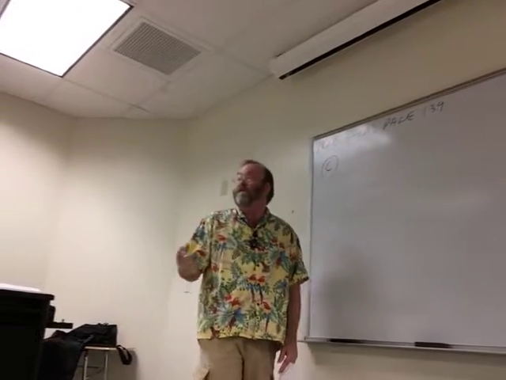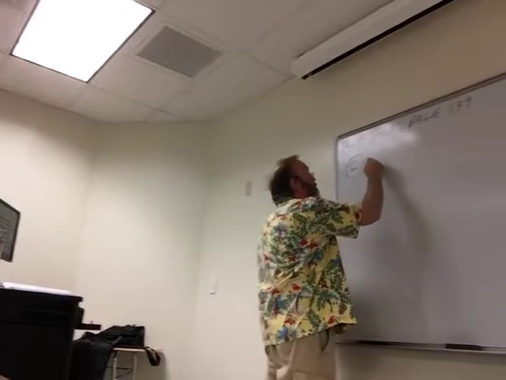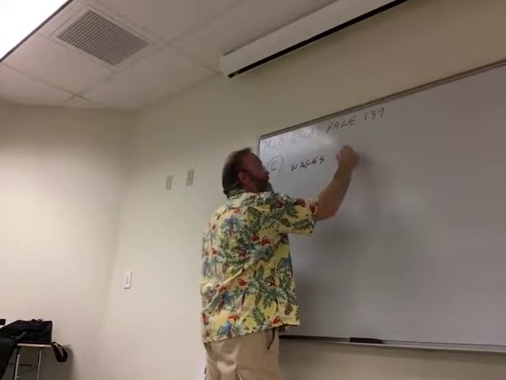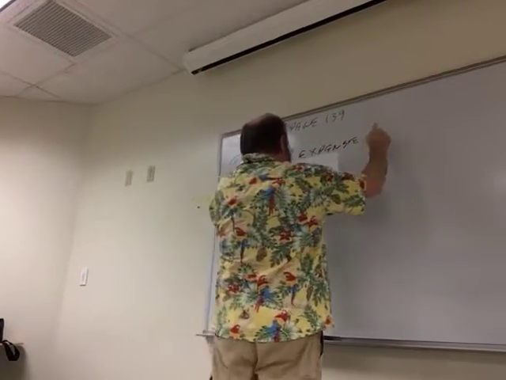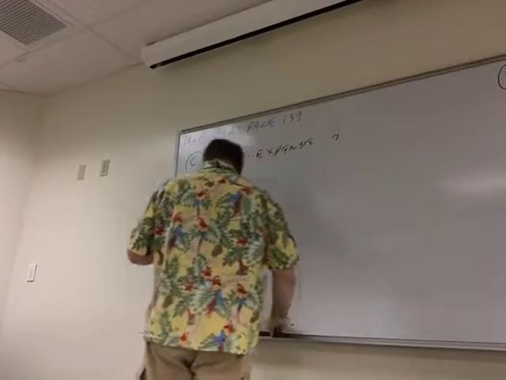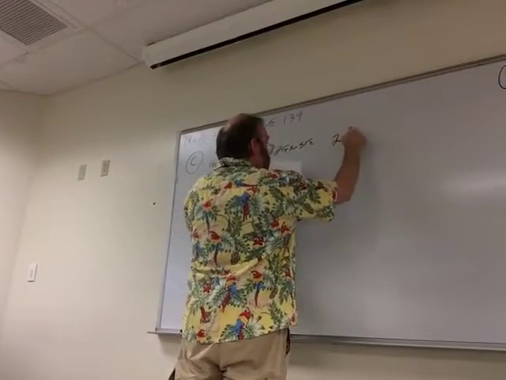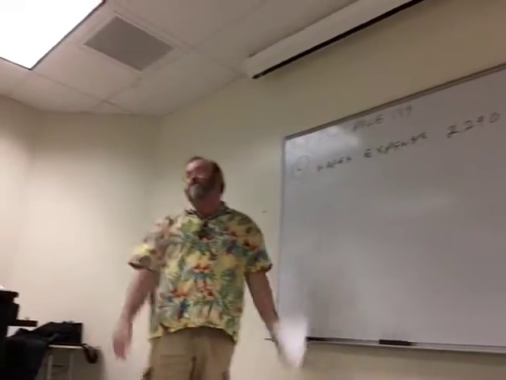Right? So the income statement account is wages. $2,290. That's the income statement account.